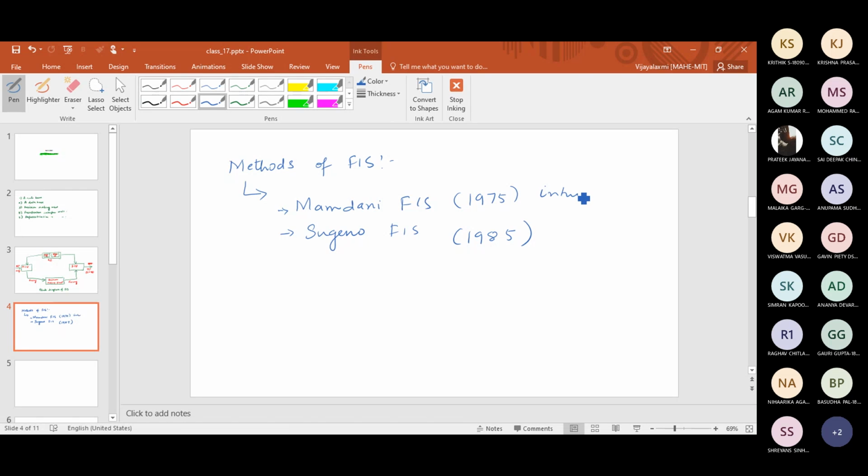It is well suited for human input. Whereas Sugeno is considered to be computationally efficient. If you are using MATLAB for fuzzy, you have the option of selecting Mamdani or Sugeno. Any one you can select. This is regarding the methods of FIS.